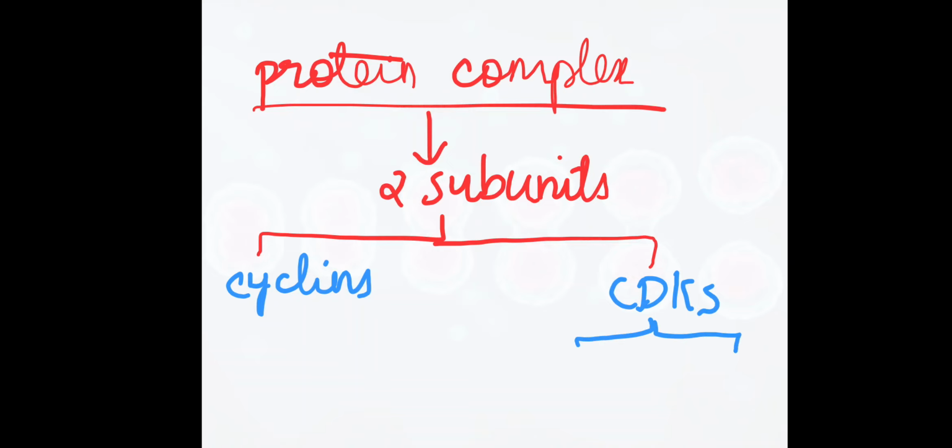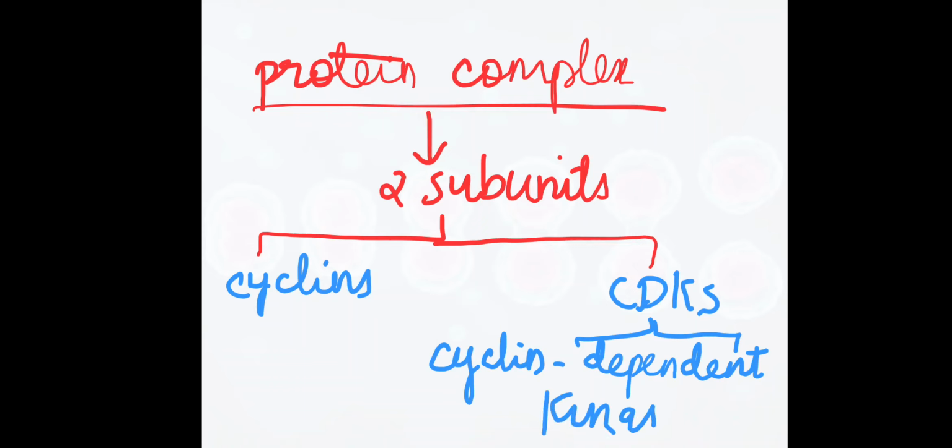CDK is nothing but cyclin dependent kinase. So there are two major subunits of the protein complex which are controlling the cell cycle. They are cyclins and cyclin dependent protein kinases.